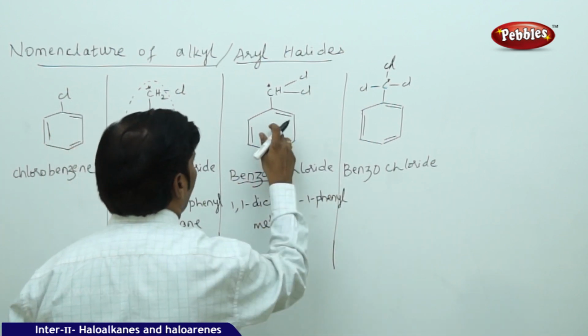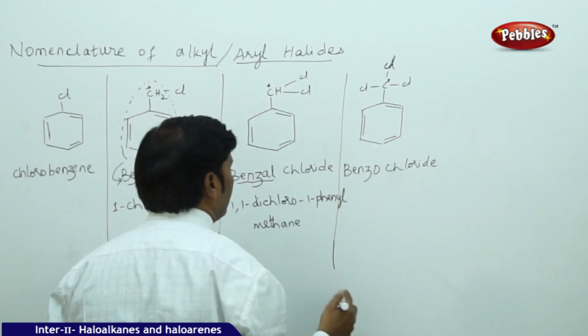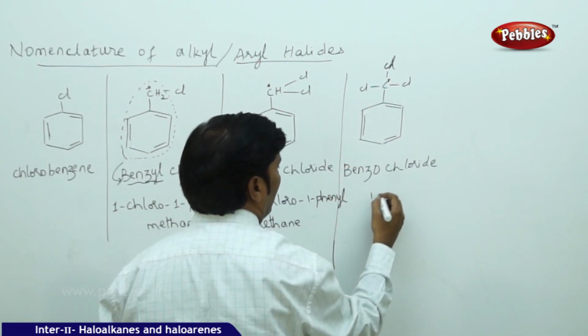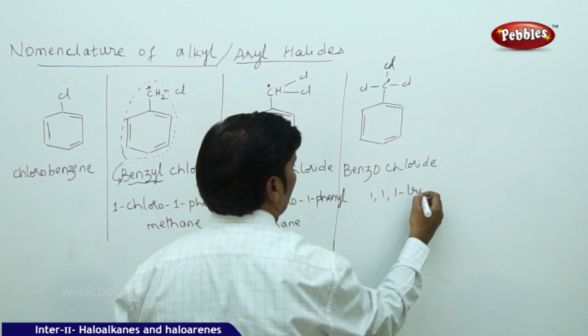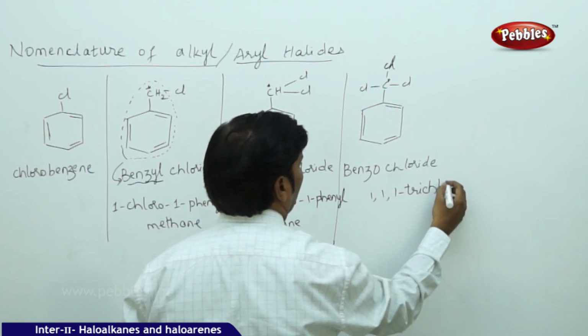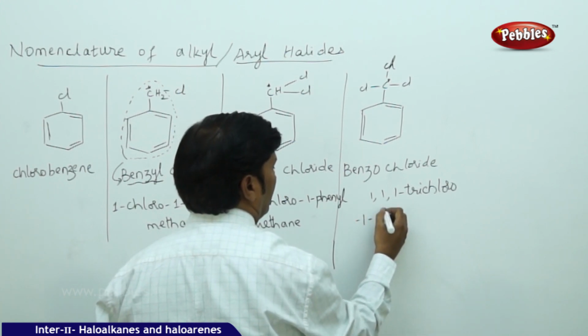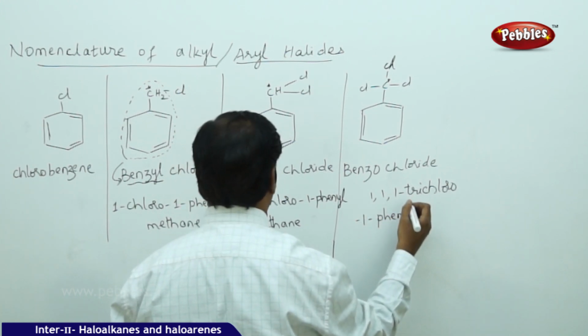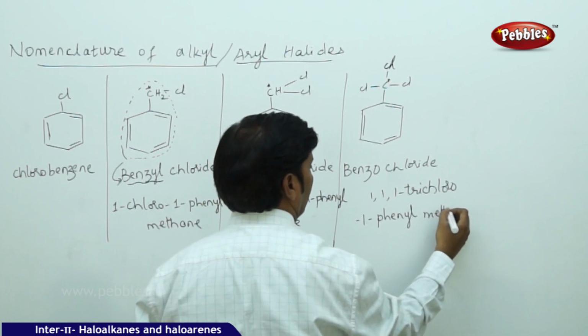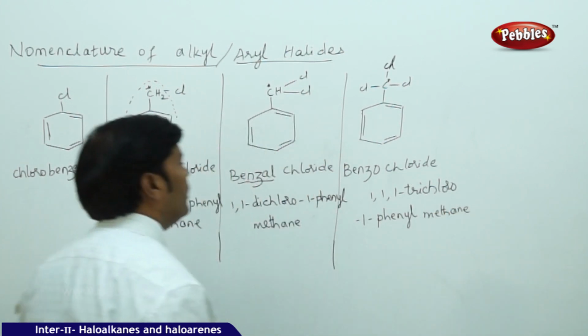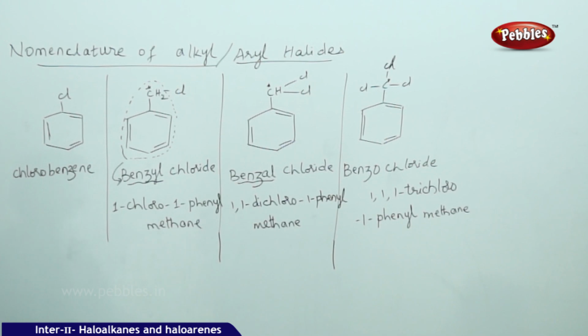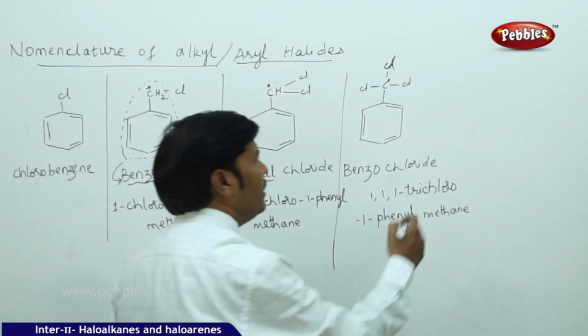In other words, here the benzene ring is acting as a substituent in all the 3 cases, and here you can take 1,1,1-trichloro-1-phenylmethane. So this is something about the nomenclature of the benzene compound.